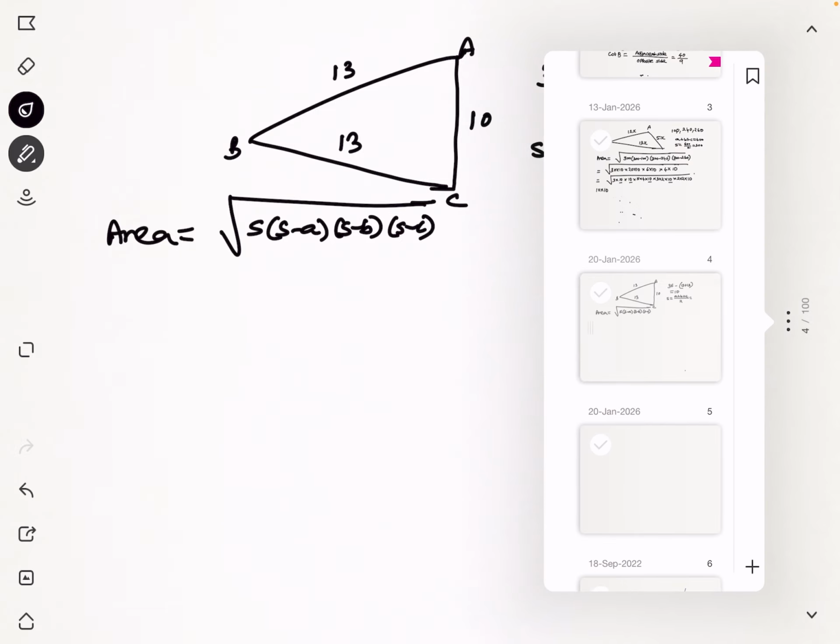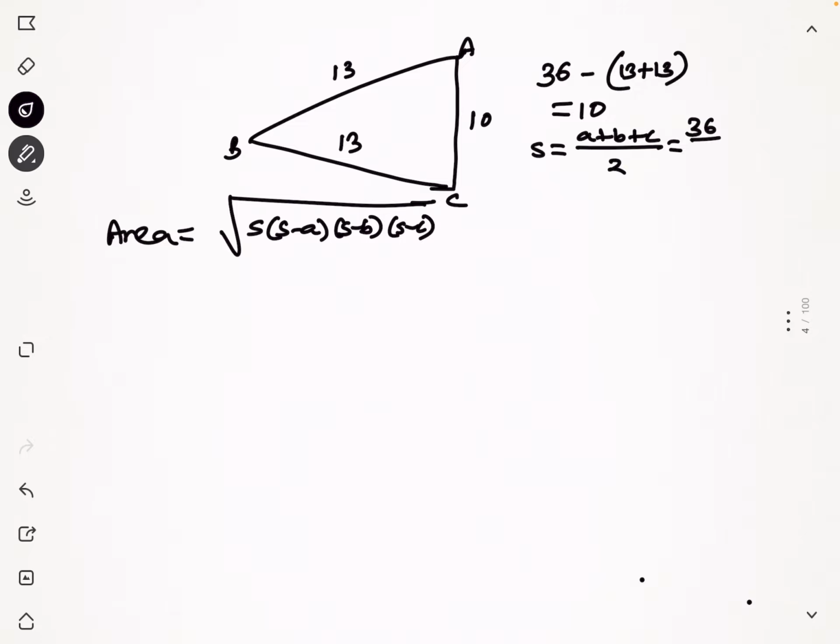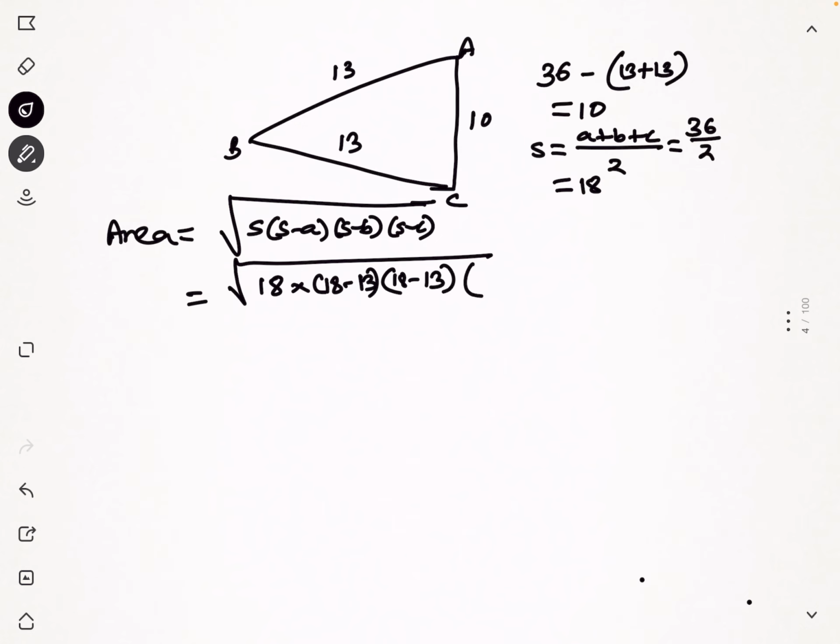So 36, which he has already given, 36 by 2, which will be 18. Now we'll take this 18 here and put it here. 18 minus 13, 18 minus 13 and 18 minus 10.